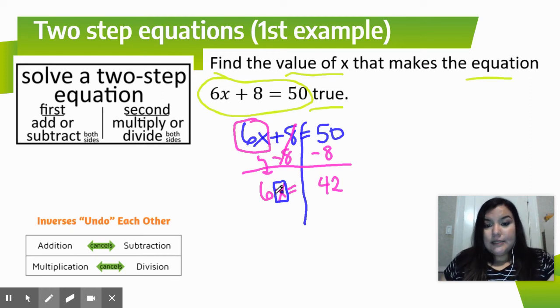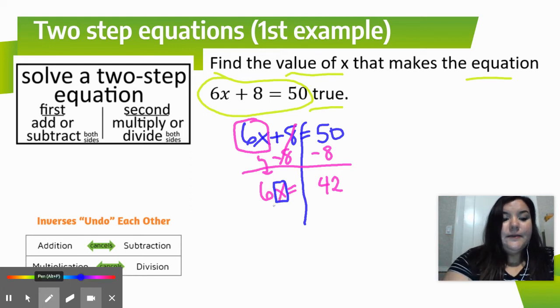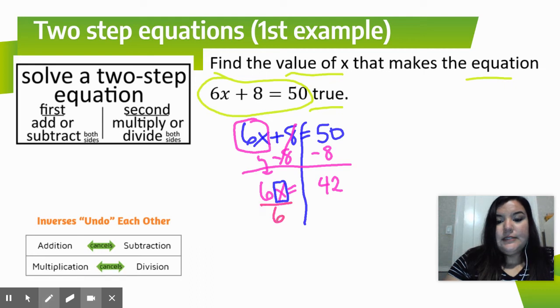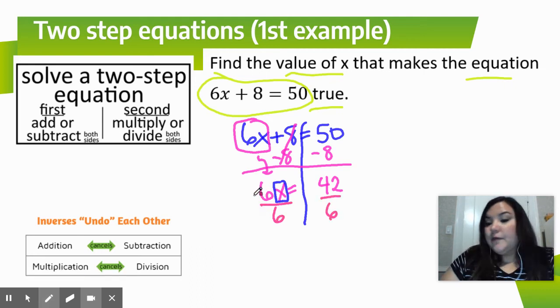One thing I didn't mention at the top is that whatever I do to one side of the equal sign, I have to make sure I do on the other side. That's why I subtracted 8 on both sides. So in this case, I am going to divide both sides by 6. Notice I have a positive 6, so I don't change the sign.